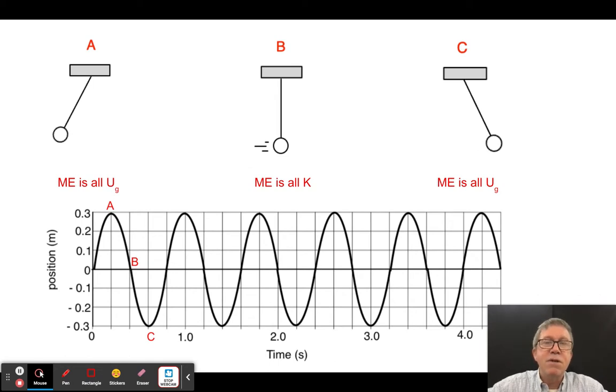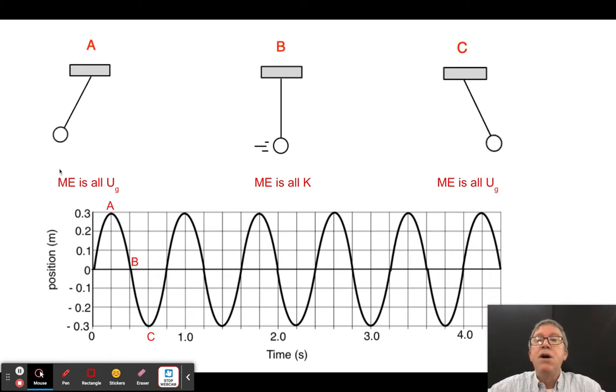Well, the same thing is true for a pendulum. Forgive me, I got these two reversed. I should have put this one here and this one here. Let's not worry about that. So at point A, I'm at maximum displacement. Okay, here I am, maximum displacement. Now, in truth, I might end up measuring that in degrees. All right, but I could use L minus L cosine theta to figure out potential energy.